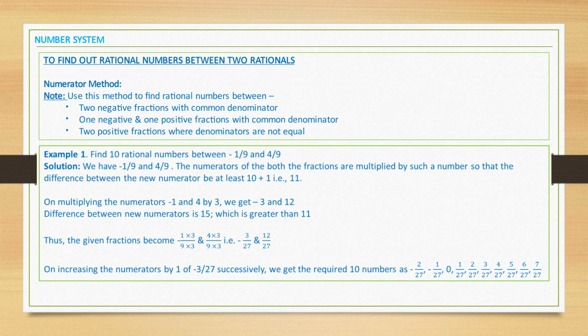So based on this method you will have some questions in the exercise. Now to find rational numbers between two rationals, the other method is the numerator method.